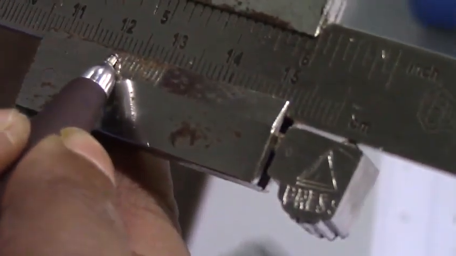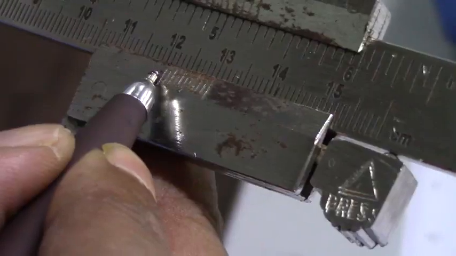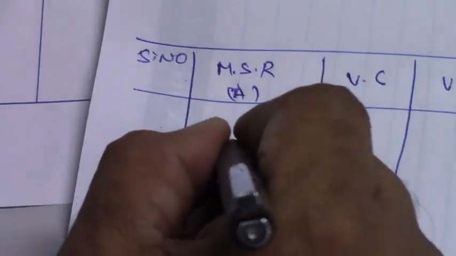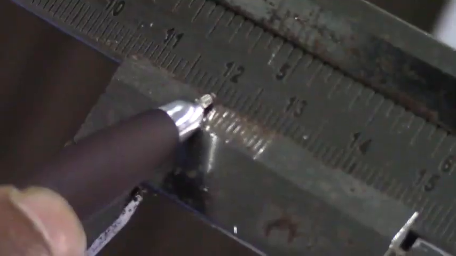The 0th line on the vernier is coinciding with 12.1. Here you observe the 0th line on the vernier scale is in between 12.1 and 12.2. So we will take the lower value, so MSR is 12.1.